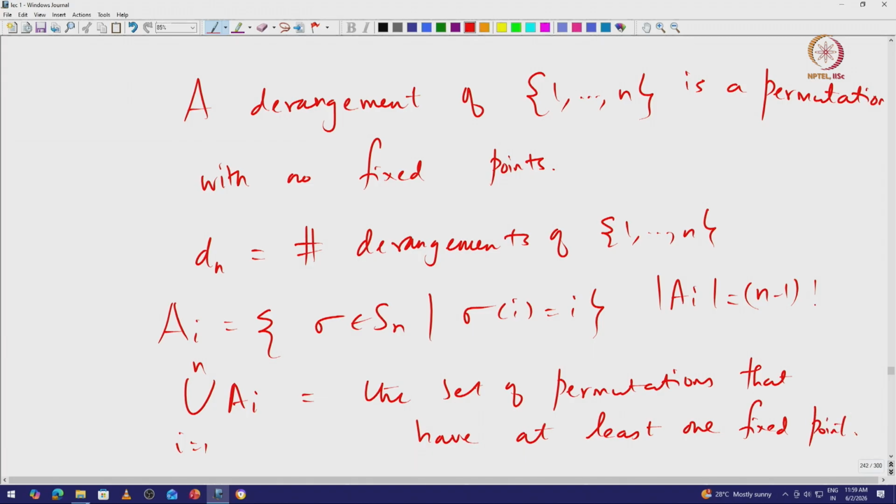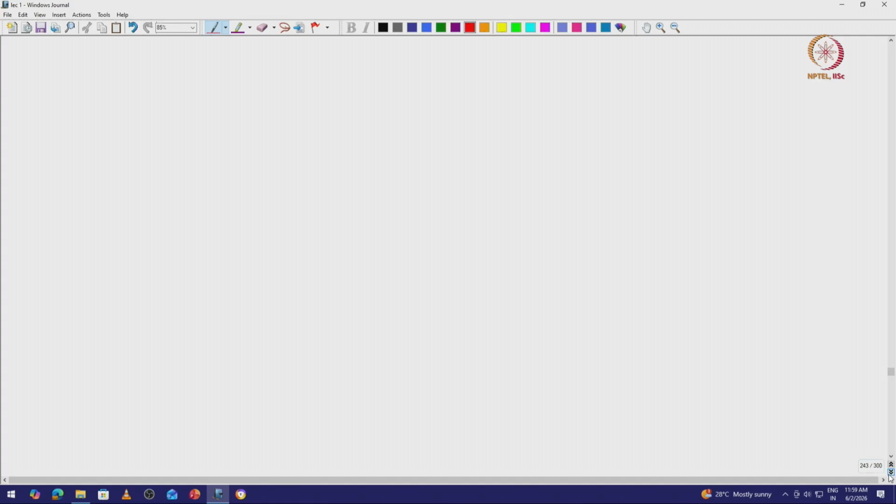So, if we are interested in counting the number of derangements of 1 to n, we need to count the cardinality of the complement of this union of Ai inside the set of permutations, and it is not difficult to see. The dn is the cardinality of Sn minus the union of Ai, i ranging from 1 to n.